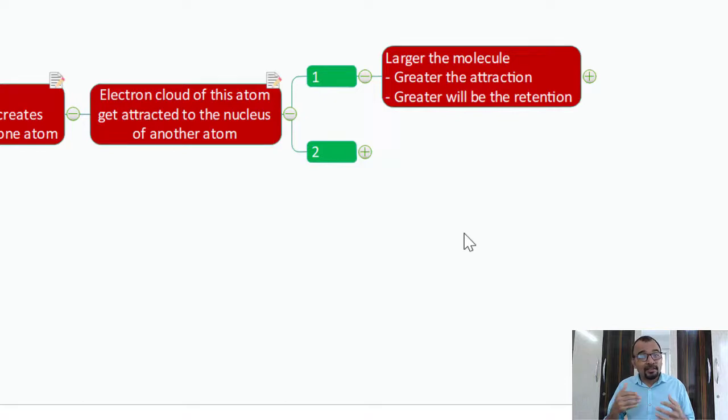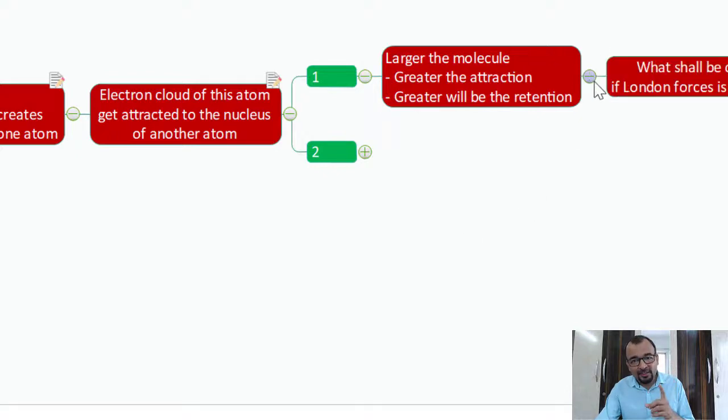And as the molecule stays for a longer time onto the stationary phase, that molecule is going to be retained for a longer time onto the gas chromatography stationary phase. So in short, larger molecules will be retained for a larger amount of time if their retention gets governed by the London dispersion forces, which is the case with the 100% dimethyl polysiloxane stationary phase like DB1 or BP1.